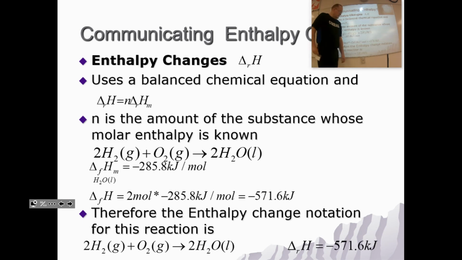The chemical reaction, delta RH is equal to the negative 571.6. Because I have balanced it with 2 moles of water, I need to double the molar enthalpy. Notation here is in kilojoules, where molar enthalpy is in kilojoules per mole. Similar, but make sure that you don't double molar enthalpy.